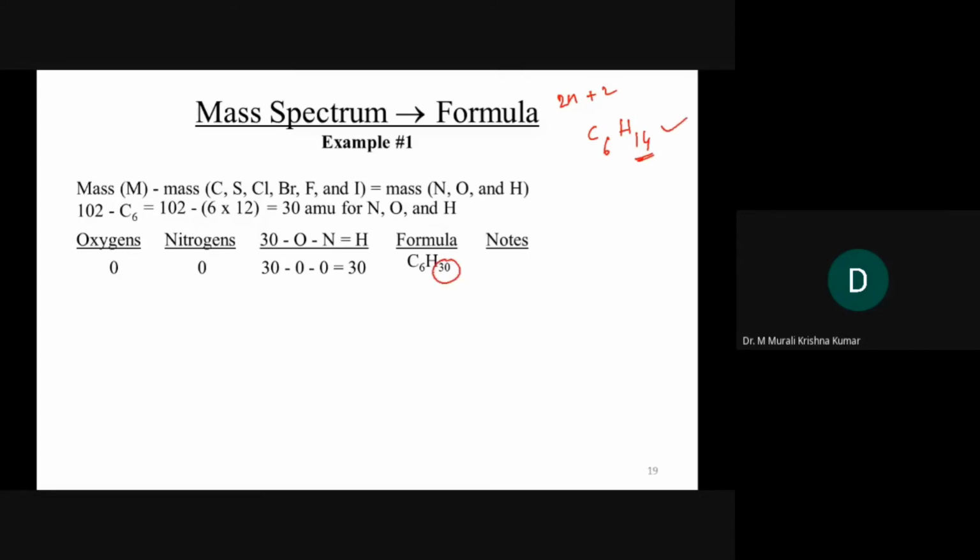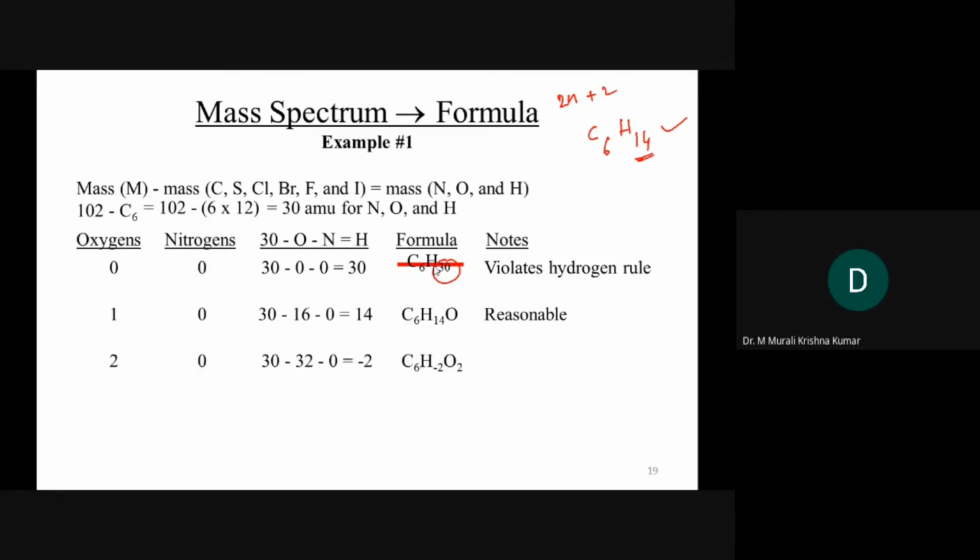So 30 is so huge that it is not possible. The next one: let's say we keep one oxygen, 30 minus 16 is equal to 14. Yes, there is a possibility. C6H14O is reasonable. Next, if you keep two oxygens, it is not possible.